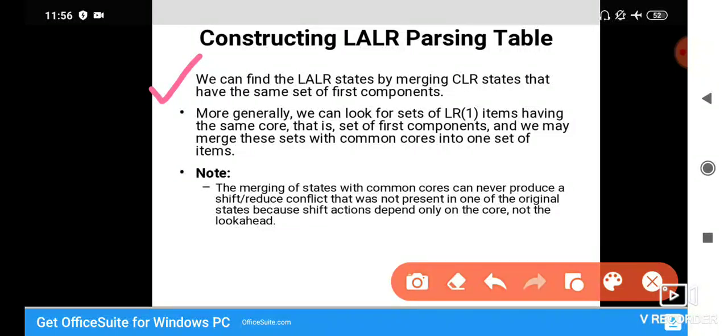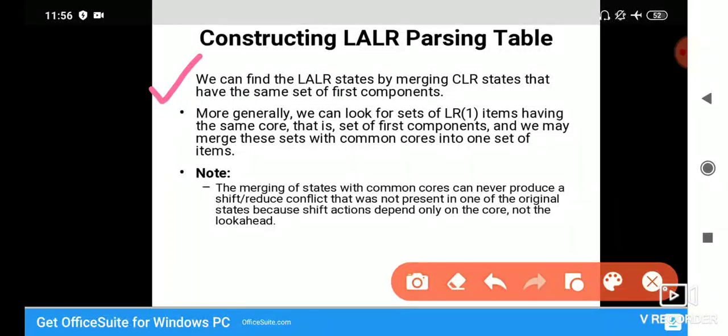So now if you recall a little bit, I will take you to that example also, but meanwhile we will try to understand that in CLR we had two components, the first component and the second component. The first component was your items, and the second component was your look ahead symbol.